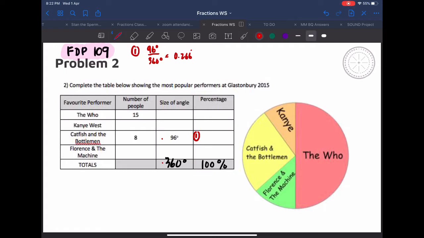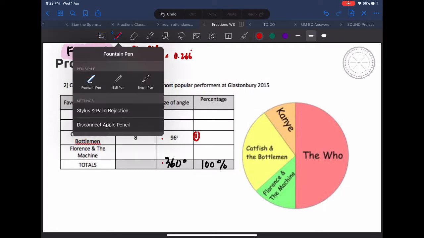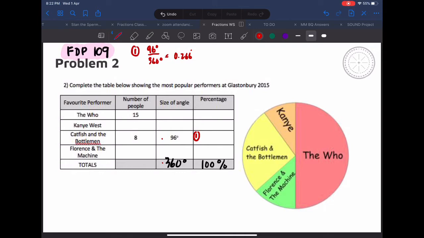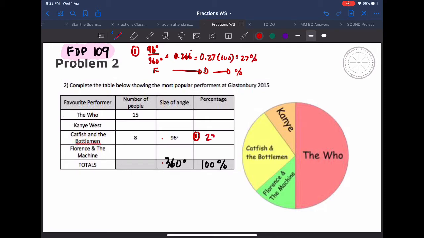So 0.266 repeating now becomes 0.27. Now, how do we make that into a percent? We started with a fraction, we made it into a decimal. In order to make it into a percent, we need to multiply it by 100. So now you have 27%. That's how you solve for that part.